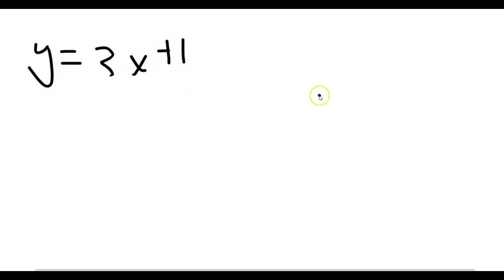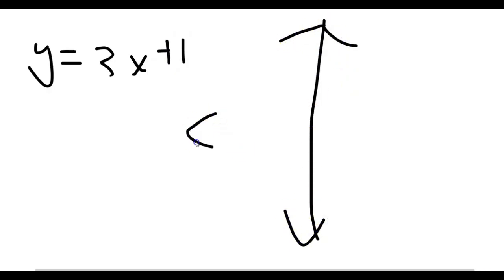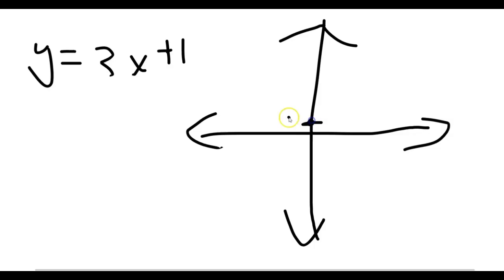Now let's go over how to graph slope intercept form. Let's say we have y is equal to 3x plus 1, and let's make our graph. Our origin is 0, and our y-intercept is 1, right here at 1.